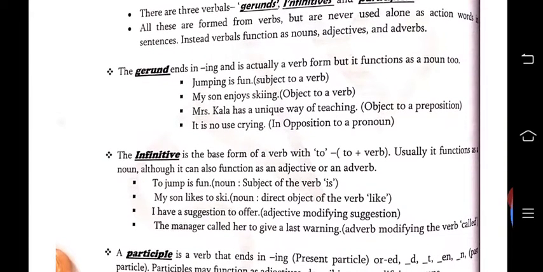So gerund ends in ing and is actually a verb form but it functions as a noun too. Jumping is fun: subject of a verb. My son enjoys skiing: object of a verb. Mrs. Kala has a unique way of teaching: object of a preposition. It is no use crying: in opposition to a pronoun.